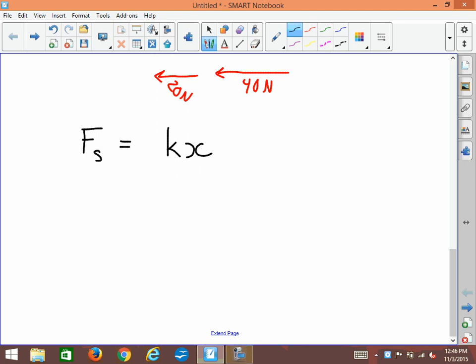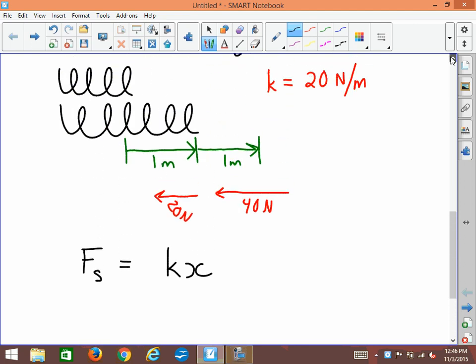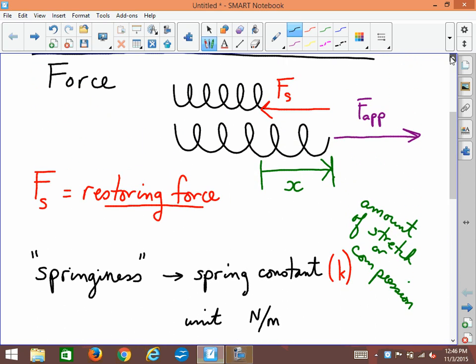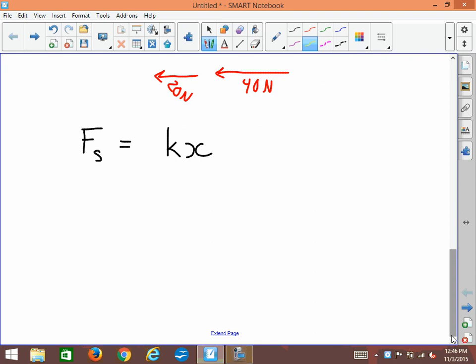And if you look at that picture again, the direction of the displacement is to the right, and the direction of the restoring force on the spring is to the left, so this number should end up being negative. The force needs to be in the opposite direction as the displacement, and so you'll often see a negative kx as the formula to calculate the force in a spring.